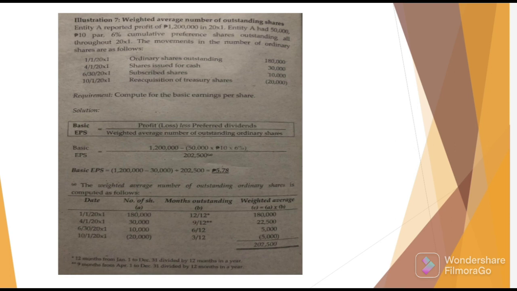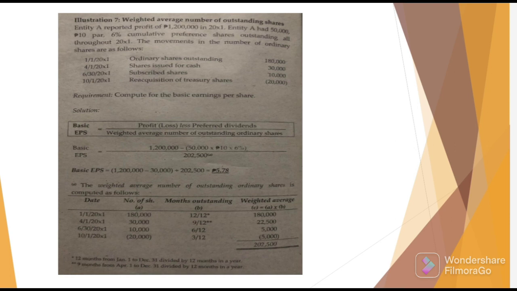January 1, 2021, ordinary shares outstanding is 180,000. April 1, 2021, shares issued for cash is 30,000. Next is June 30, 2021, subscribed shares is 10,000. October 1, 2021, reacquisition of treasury shares is negative 20,000.